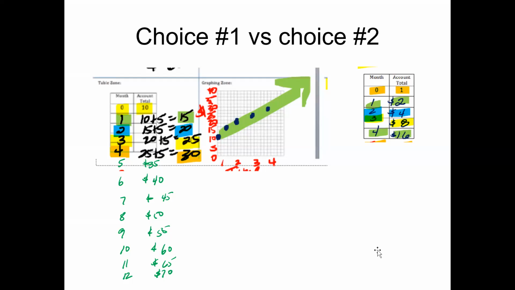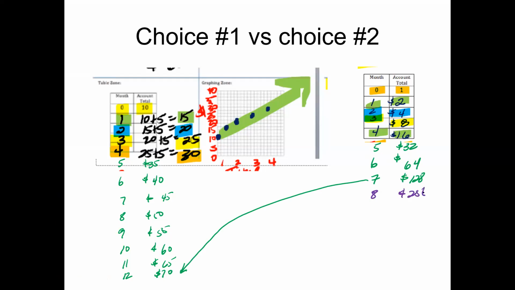With choice 2, if you take a look at this right here, month 4, you're getting $16. Month 5, you're doubling to $32. Month 6, you're doubling to $64. So already it's getting closer. Month 7, already at this point, $128. So in month 7, you are actually earning more than 12 months with choice 1.